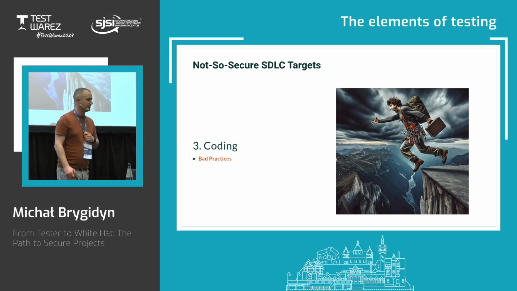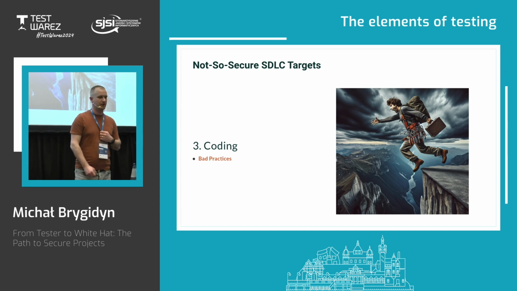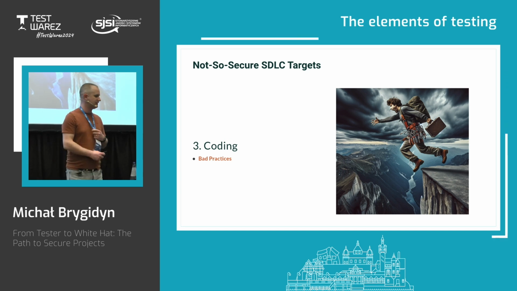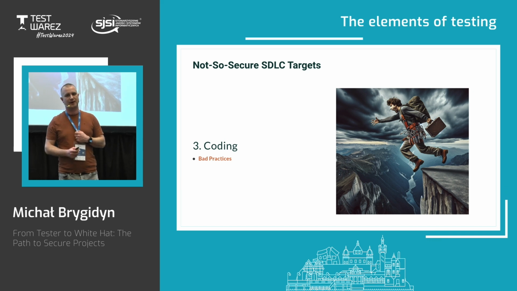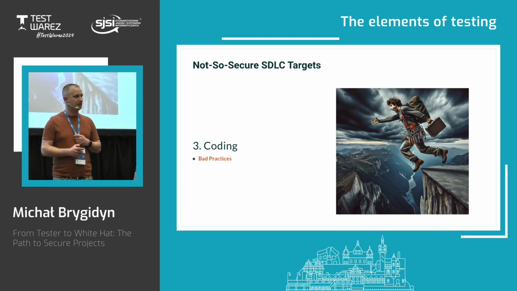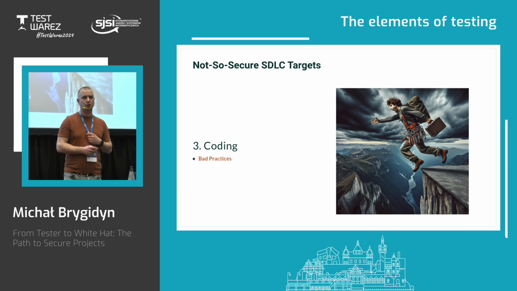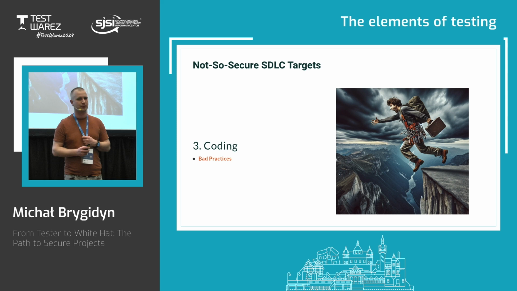Then let's go to coding best practices. As developers, you know best practices. As testers, you know best practices. What to do, what not to do. But there are some add-ons, some plugins to most popular IDEs that mark code that's, for example, too complex. Why may too complex code be a security problem?